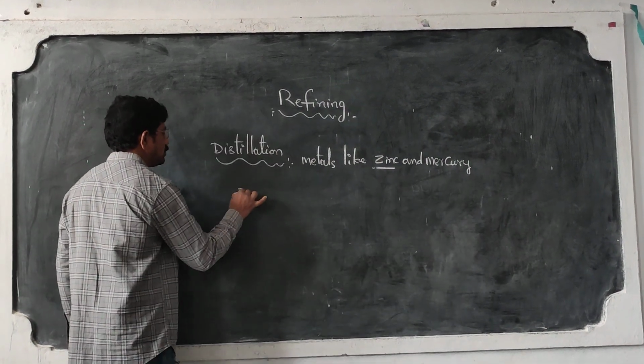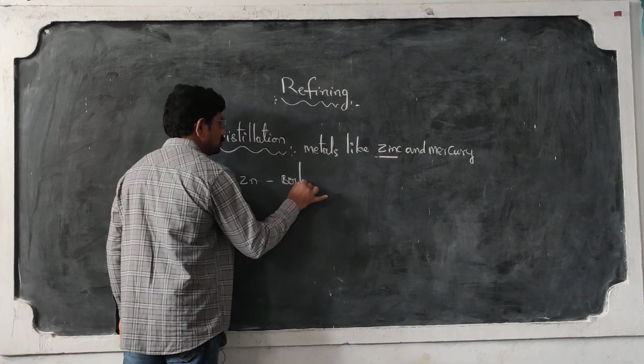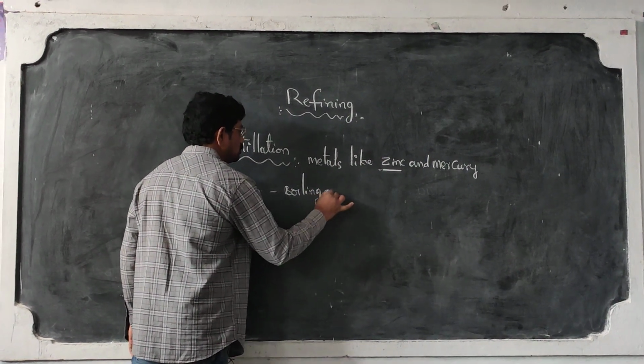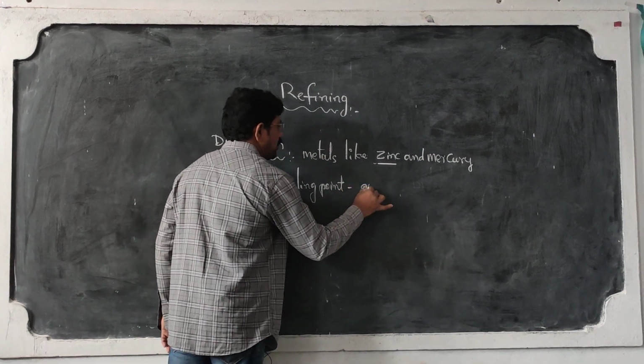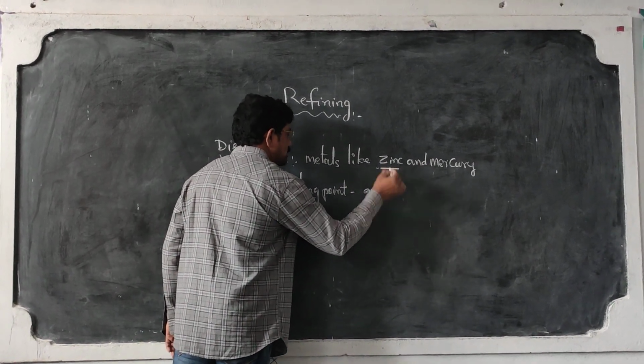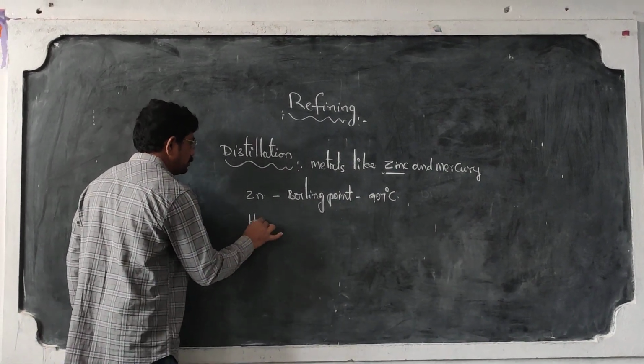Its boiling point is 907 degrees centigrade. Next, take the case of mercury.